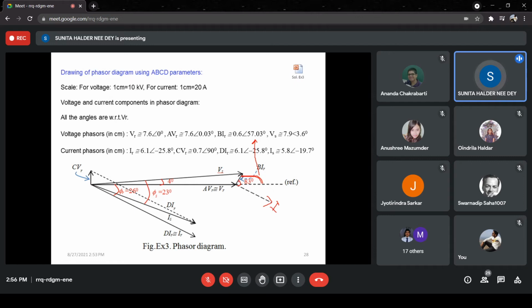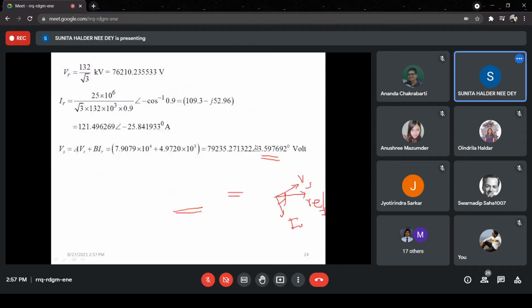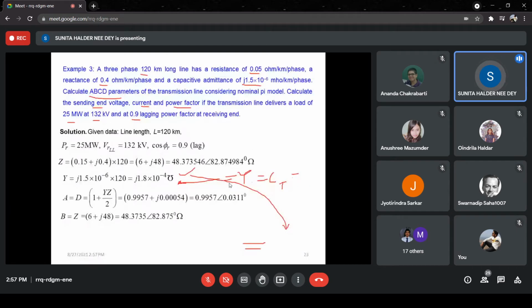If it is IR, and we add BIR here, then this angle must be the angle of B. Now you see, the angle of B was 82.87 degree, so I have taken it approximately as 83.